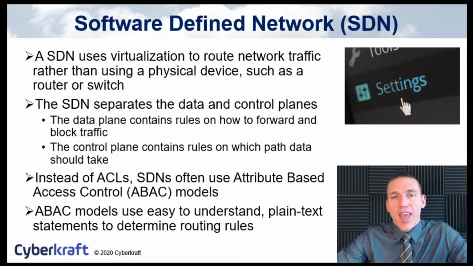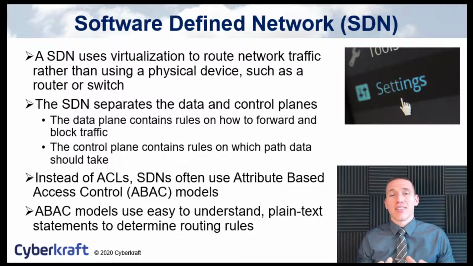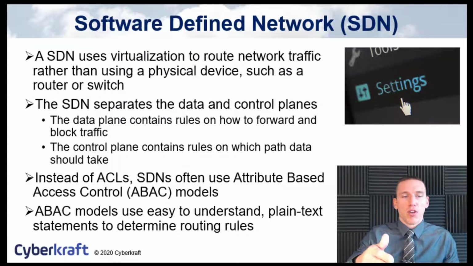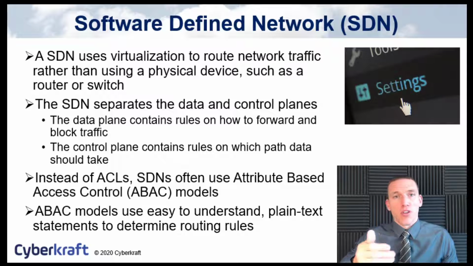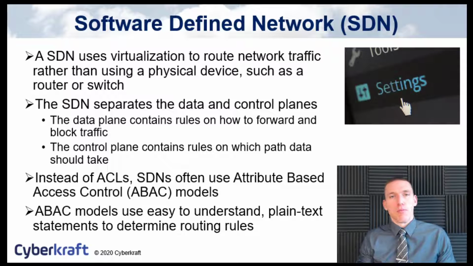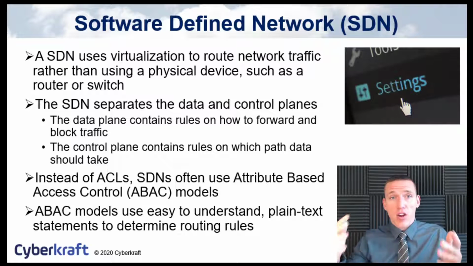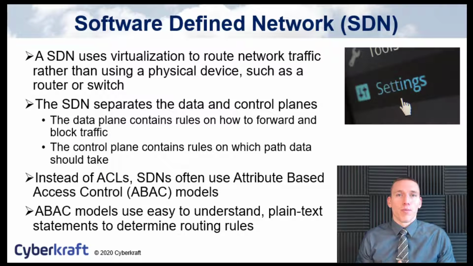So instead of access control lists, software-defined networks use attribute-based access control, or ABAC models. Attribute-based access control, as a refresher, is a form of access control that uses attributes that can be defined by the organization. So you can create attributes for a user, maybe based on years of experience or their job title or their name, or maybe you can even do something like hair color if you want, or favorite color.